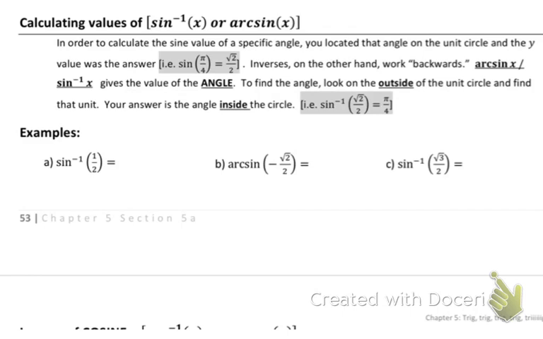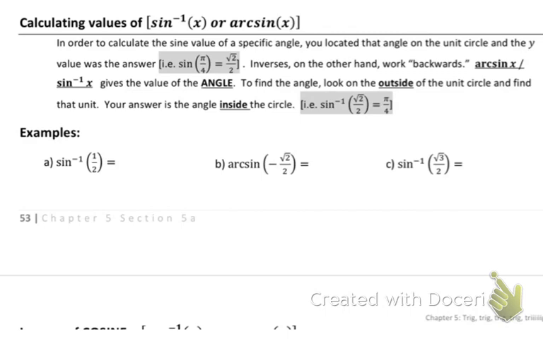Inverse is going to go the completely opposite direction. I am going to give you a value, and you have to tell me what angle gives you that value. So my example here was sine inverse of square root of 2 over 2.